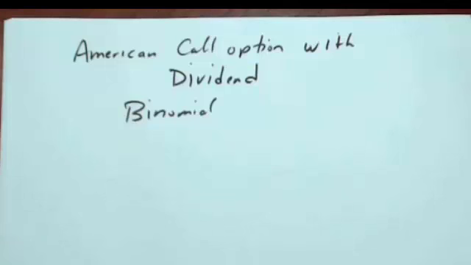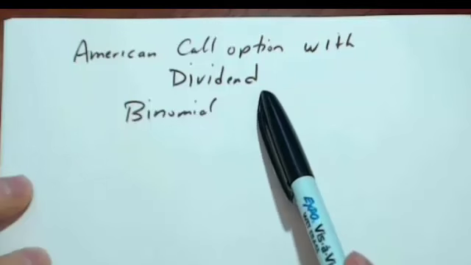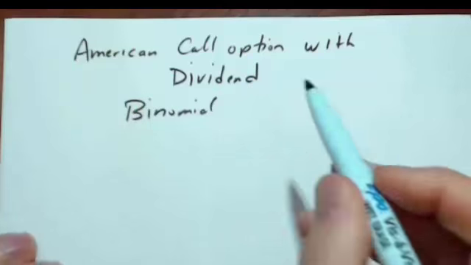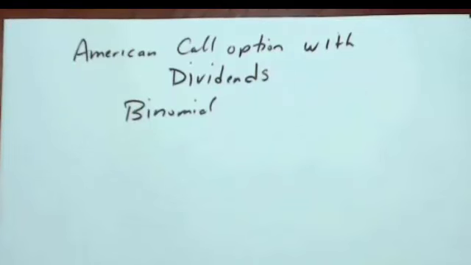The purpose of this video is to cover American call options with dividends, using the binomial. Now you might ask, why don't I just do an American call option without dividends and do the binomial? Why am I putting dividends in here? Well, for two reasons. One, we need to learn how to handle dividends.